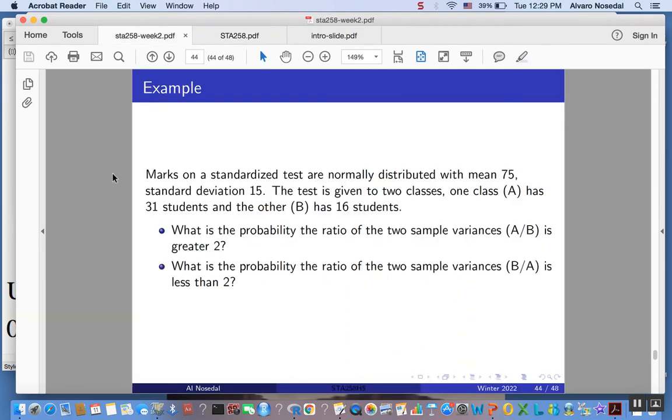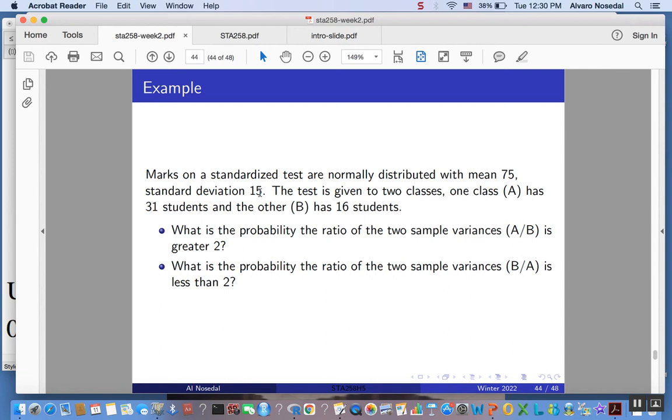What we were interested in this particular problem was saying something about the ratio between sample variances, right? And the conditions that we had were two independent random samples coming from a normal distribution with a common standard deviation or common variance.